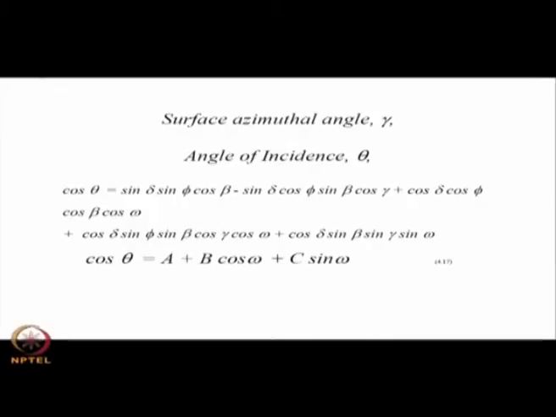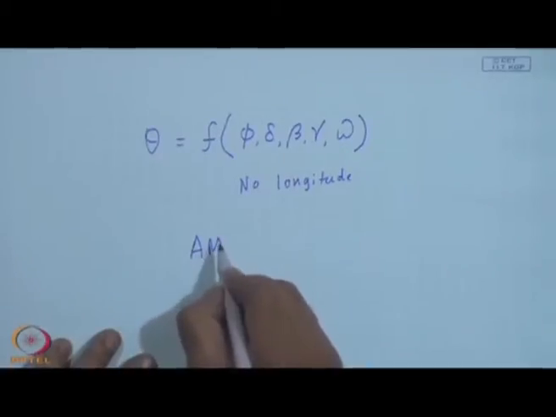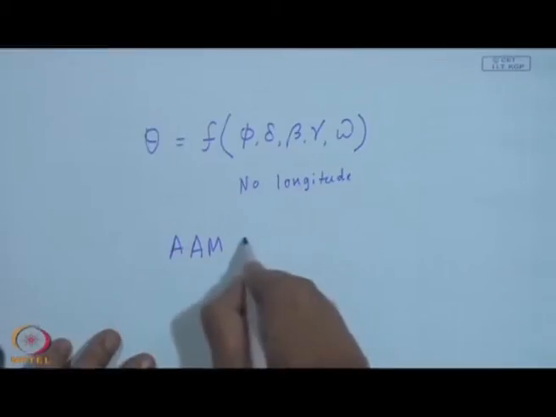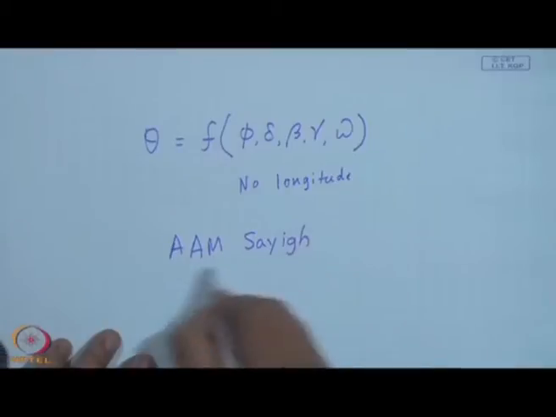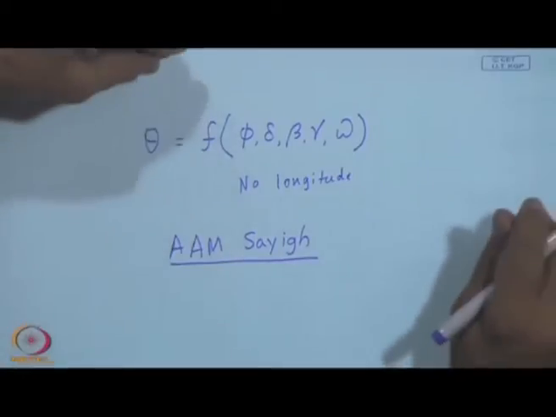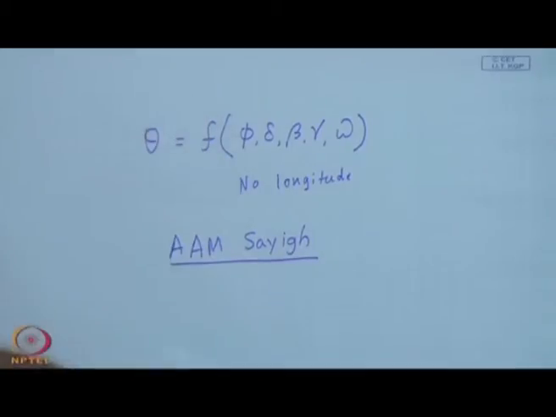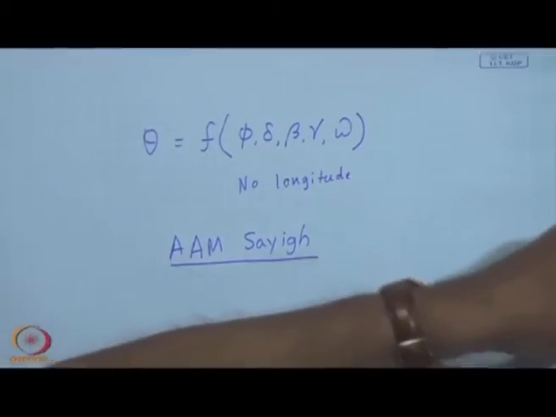And this is a long expression. You can see another book. There used to be one copy in the library, and this involves spherical trigonometry with the sun being at the center and a celestial sphere you have to construct. That will take about 3 to 4 classes for derivation.